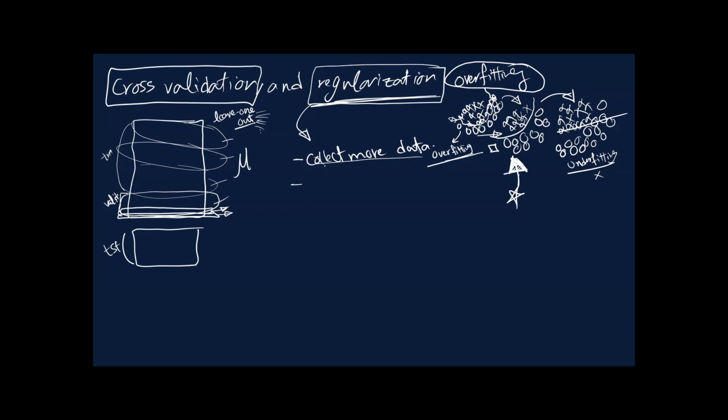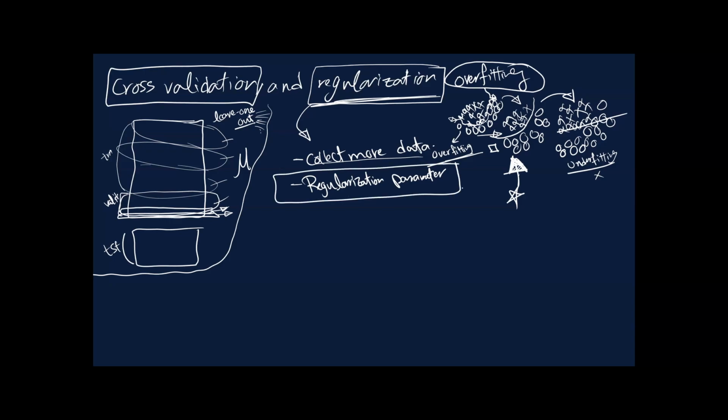Okay. The other approach is to introduce a new parameter to our cost function. This new parameter is called the regularization parameter, and it has this symbol, lambda. We can go ahead and plug in this lambda value to get the effect of this regularization.